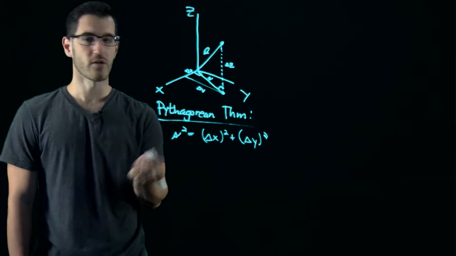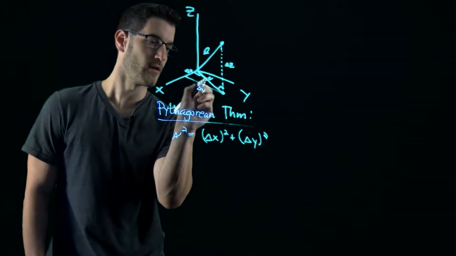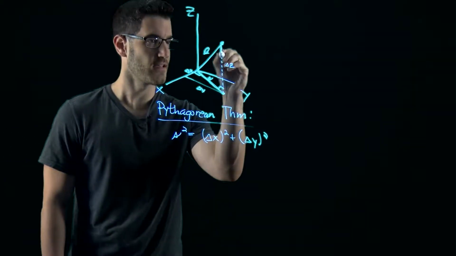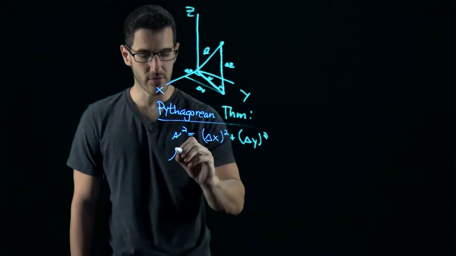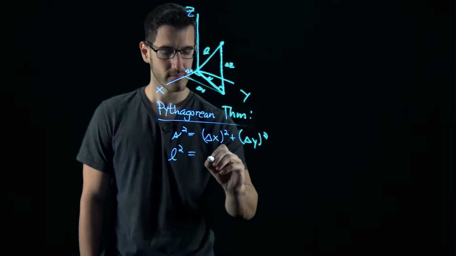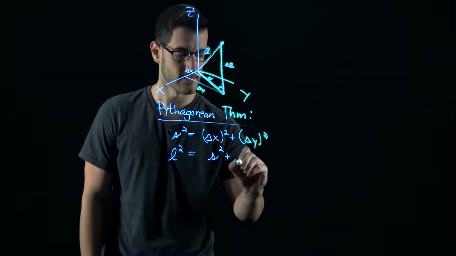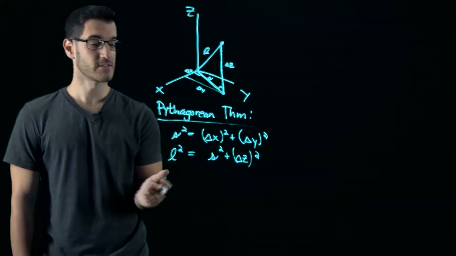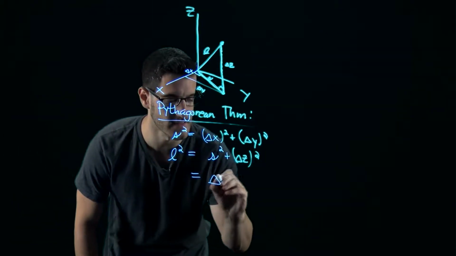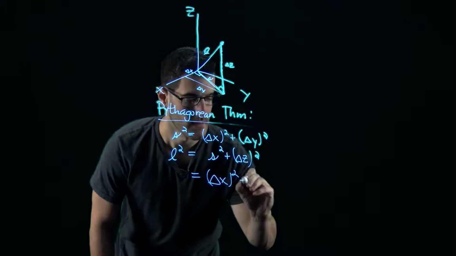We also know from looking at the other triangle, the one here with side length delta z and s, that this actual length that we care about looks like this. And so just simply substituting in for s squared gives us this formula.